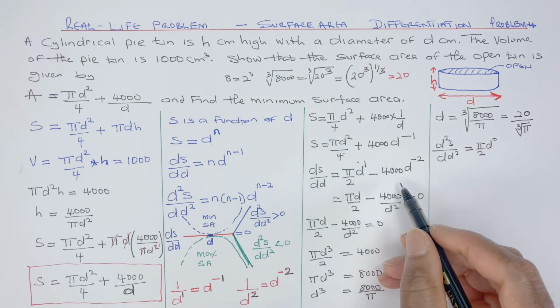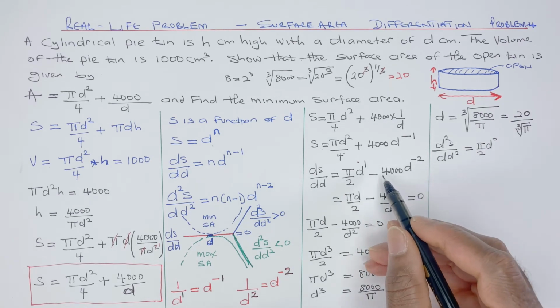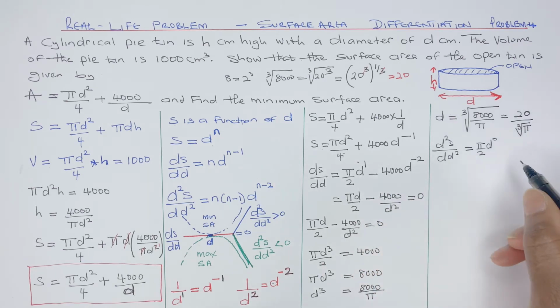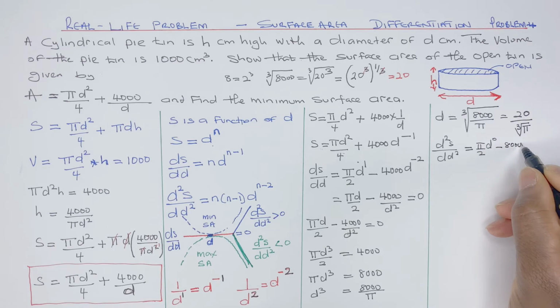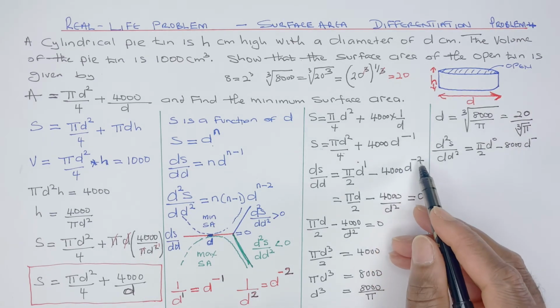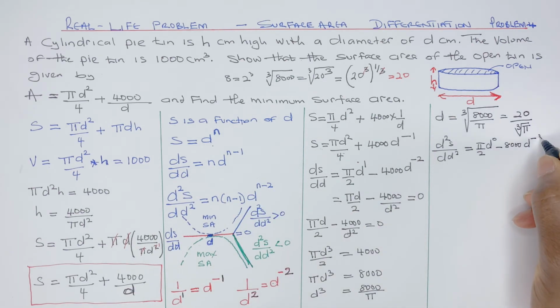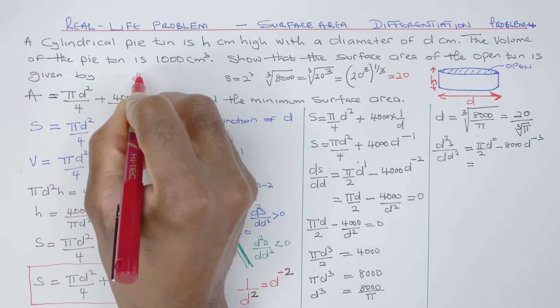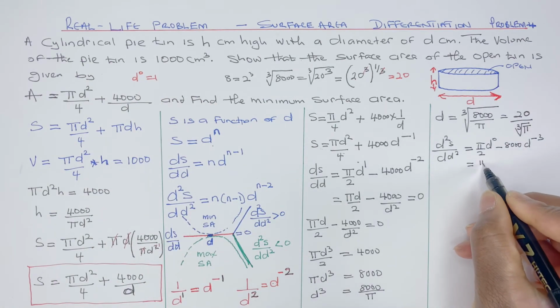Now, I've got minus 2 here, and minus 2 times minus 4,000 is 8,000. d to the power minus 2 minus 1 is minus 3. Anything to the power 0 is 1. So d to the power of 0 equals 1. So that's just pi over 2.